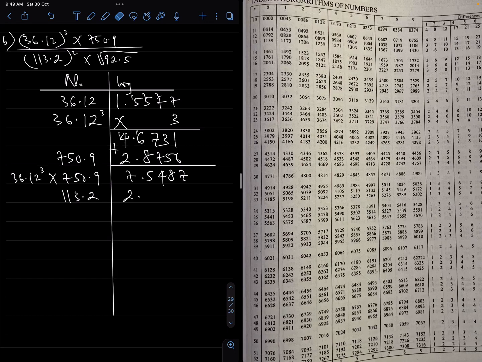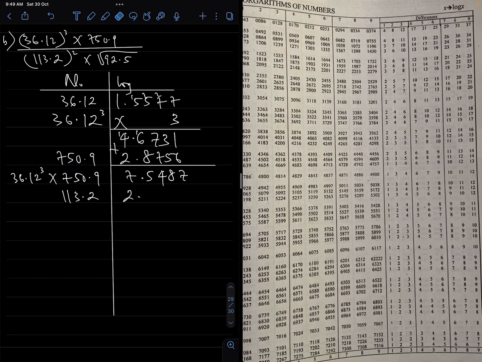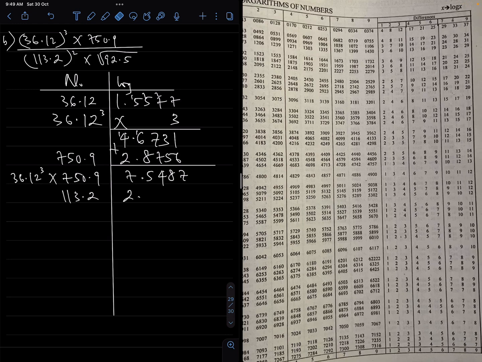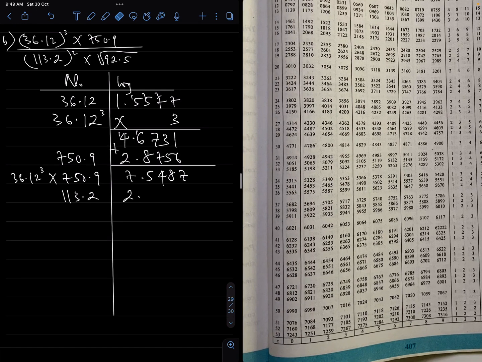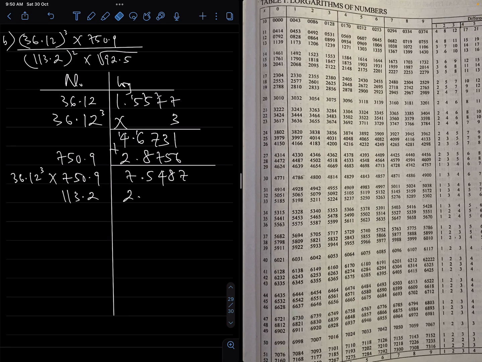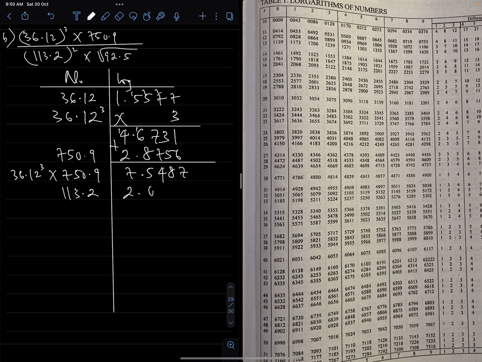Yes. Difference 2 and 8. What would that be? 0531 plus 8 is 0539. You can write it down so that you don't make any mistake. That's 0539, right? Does this 0 matter? It does. It's going to show in the number.